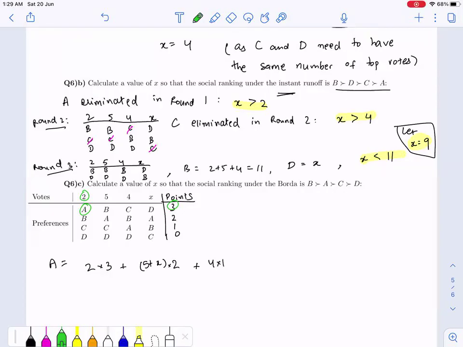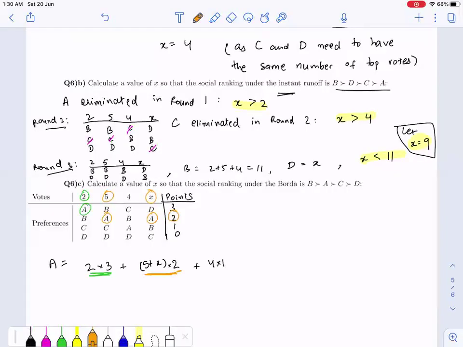Then for A, you have, sorry, okay, so this was this component here. The orange one is 5 plus X number of votes for A as the second top choice.